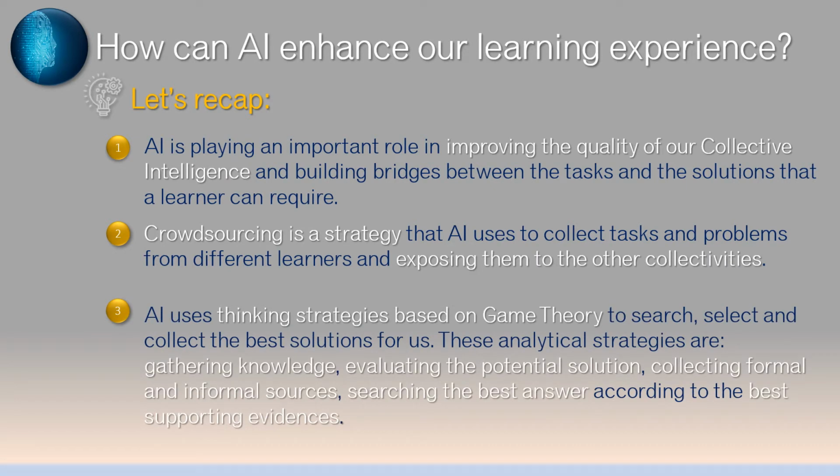Artificial intelligence uses thinking strategies based on game theory to search, select, and collect the best solutions for us. These analytical strategies are using human thinking, like gathering knowledge, evaluating the potential solution, collecting formal and informal sources, searching the best answer according to the best supportive evidence.